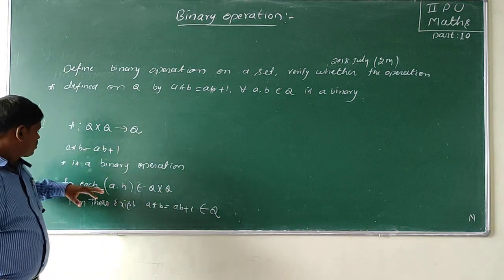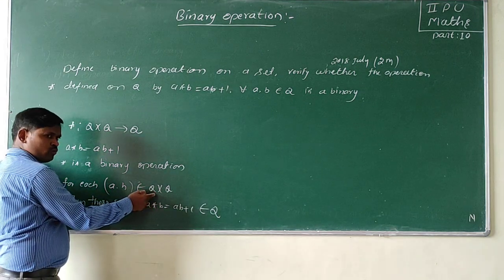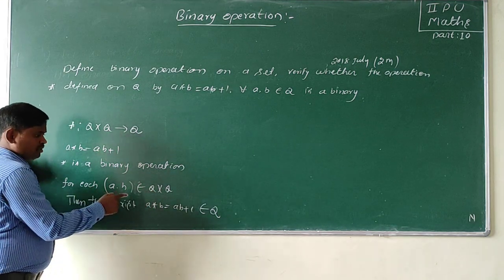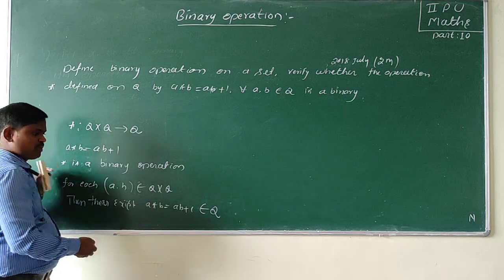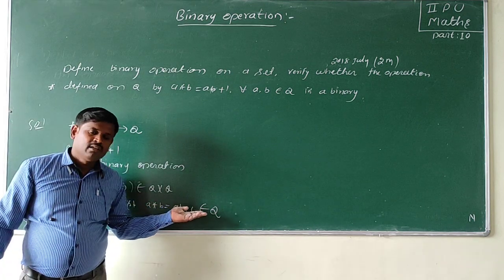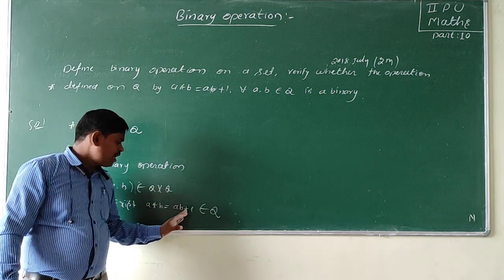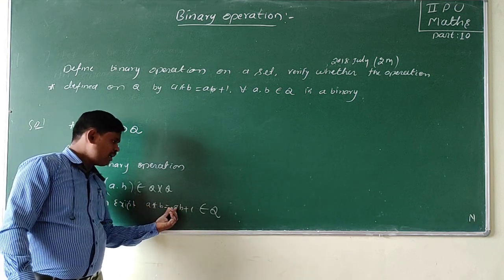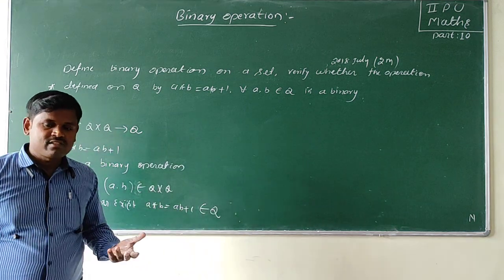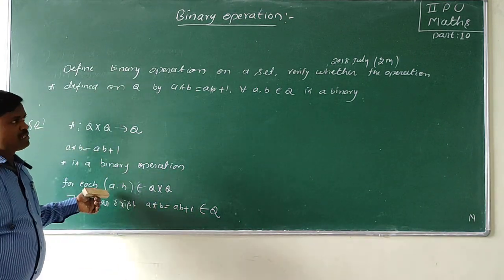You take any ordered pair in Q cross Q and operate star like this: a star b is equal to ab plus 1. That is also a rational number. That means multiplying any two rational numbers and adding 1, that is definitely also a rational number. So therefore, it is a binary operation. Okay, right?